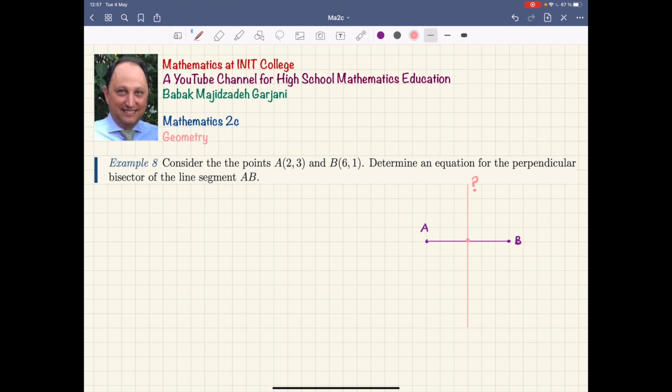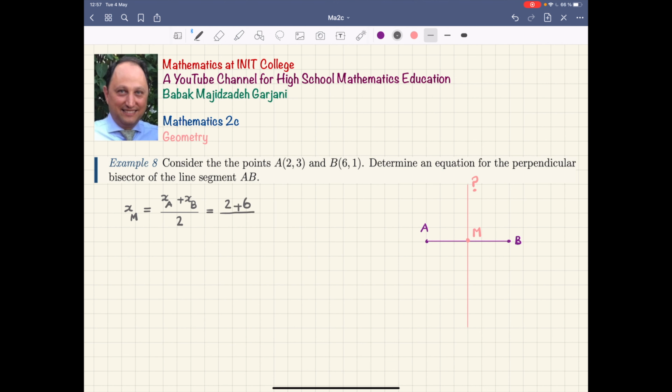If you don't mind, let me call it M. Sometimes people write it like this: x of M means the x coordinate of the point M. It is more reasonable. I can write it as x of A plus x of B, divided by 2. What is x of A? It's 2. What is x of B? It's 6.